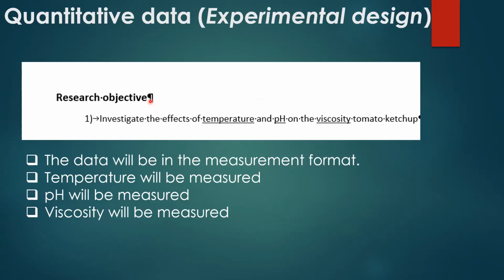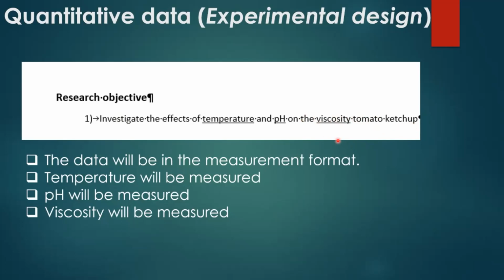Okay, so we go back to our quantitative data, which is the main one. For quantitative data, you can get it through experimental research and even survey, like I said. So let's look at the experimental one. An example will be to investigate the effect of temperature and pH on the viscosity of tomato ketchup.